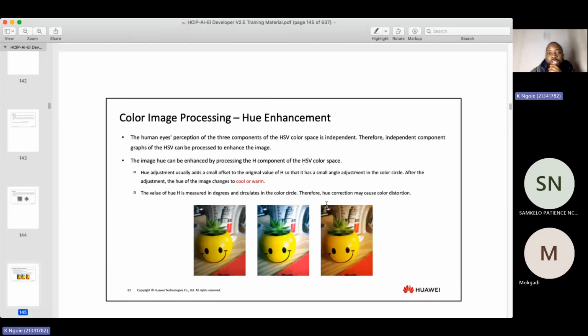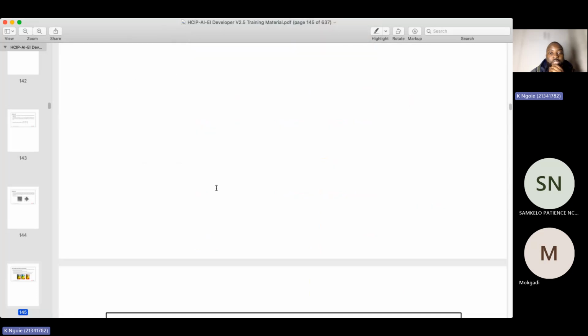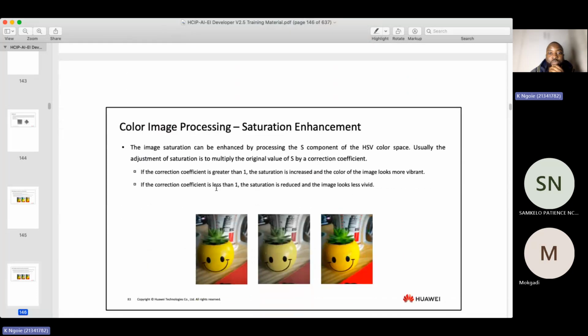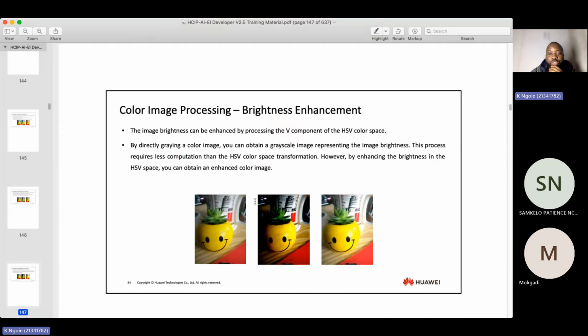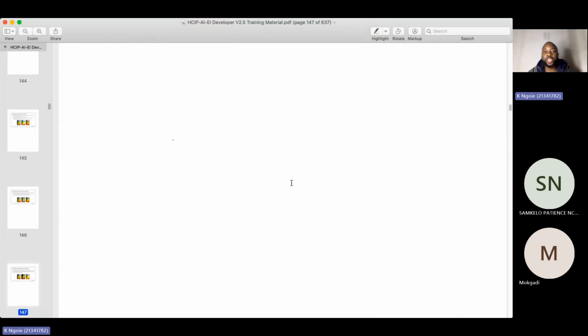Then we can see an image go from cool to warm. We can do a saturation enhancement, where we change the colors and make the image a bit more saturated, or we can have a brightness enhancement where we increase the brightness of the image.